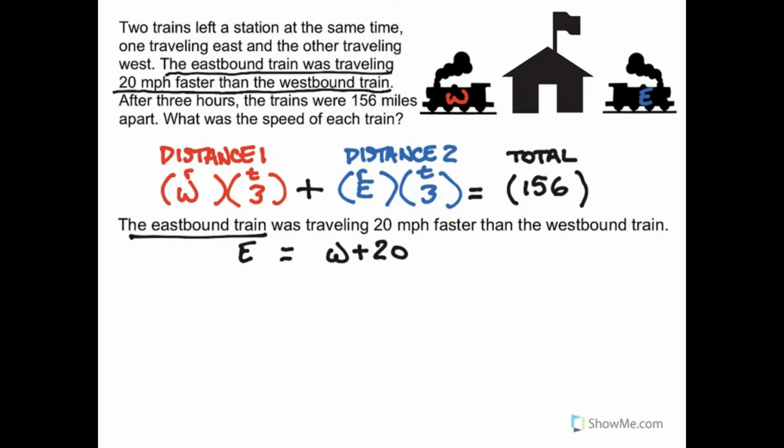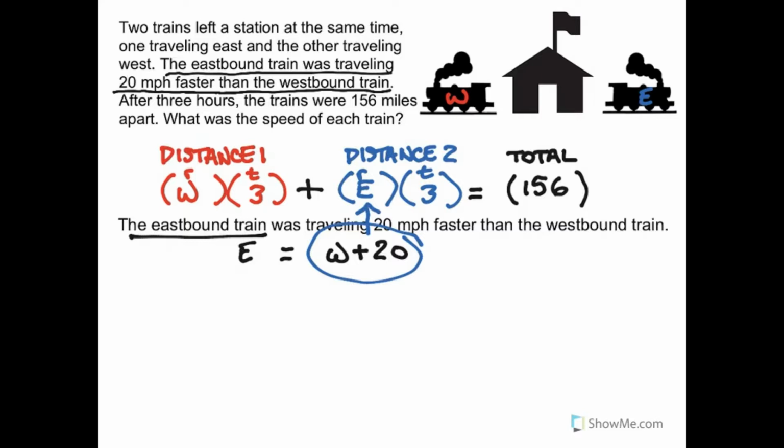For example, if the eastbound train is going 40 miles an hour, the westbound train must be going only 20 because 20 plus 20 makes 40. So I'm going to substitute W plus 20 for E so that I have only one variable in my equation.